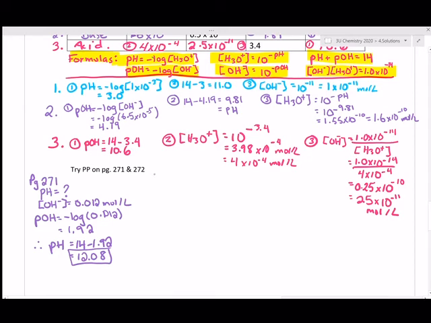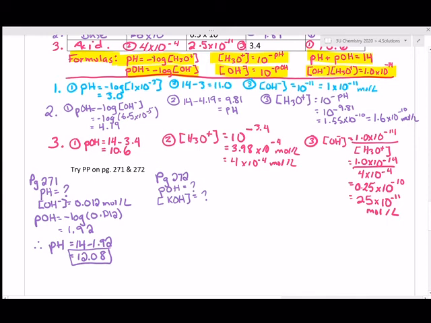Okay, so then there's also a practice problem on page 272. On this question, they ask for 2 pieces of information. They want to know the pOH, and they also want to know the concentration of the original solution, which is potassium hydroxide.